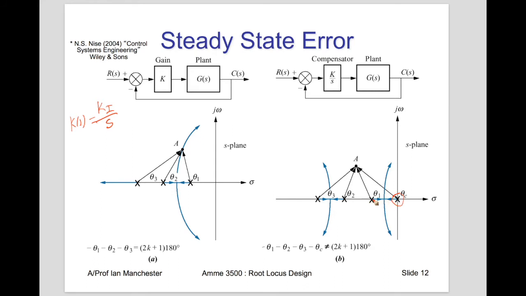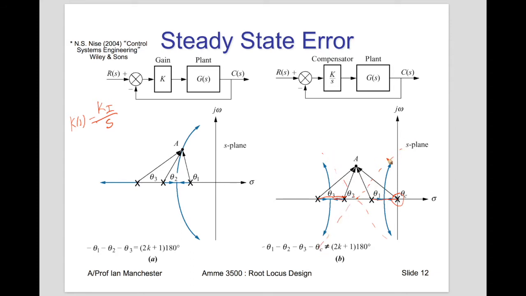Now we've got these two real axis segments. Now actually the asymptotes are going to be plus or minus 45 degrees, and the central point is going to be in the middle here. So we draw these asymptotes here, and the root locus is going to go off like that.